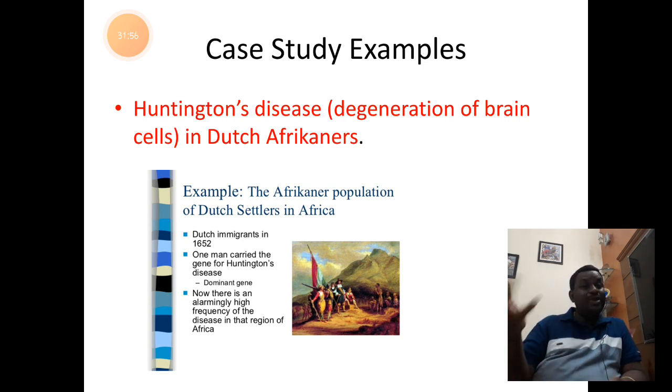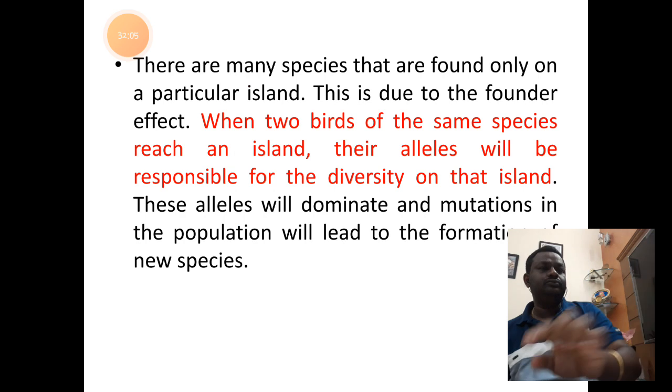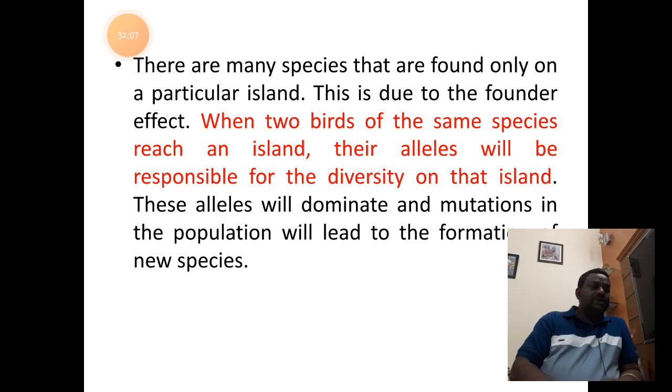They had more incidence of the genes responsible for this disease. Similarly, when two birds of the same species migrate to a newer island, their alleles are responsible for the diversity on that particular island.